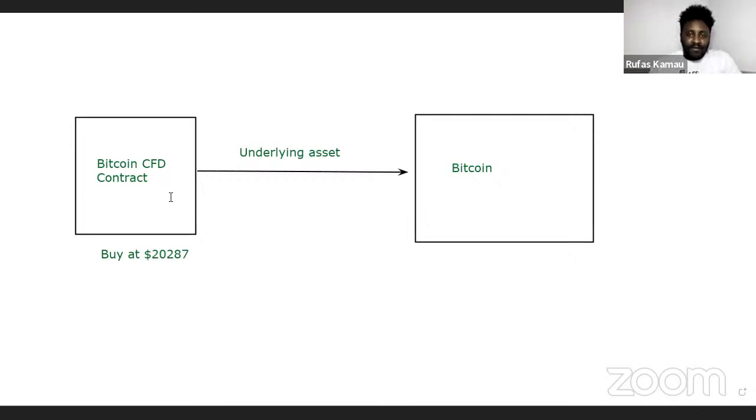On the other hand, if the price of Bitcoin goes down by a particular price or percentage, then the contract will also lose value by the same amount.